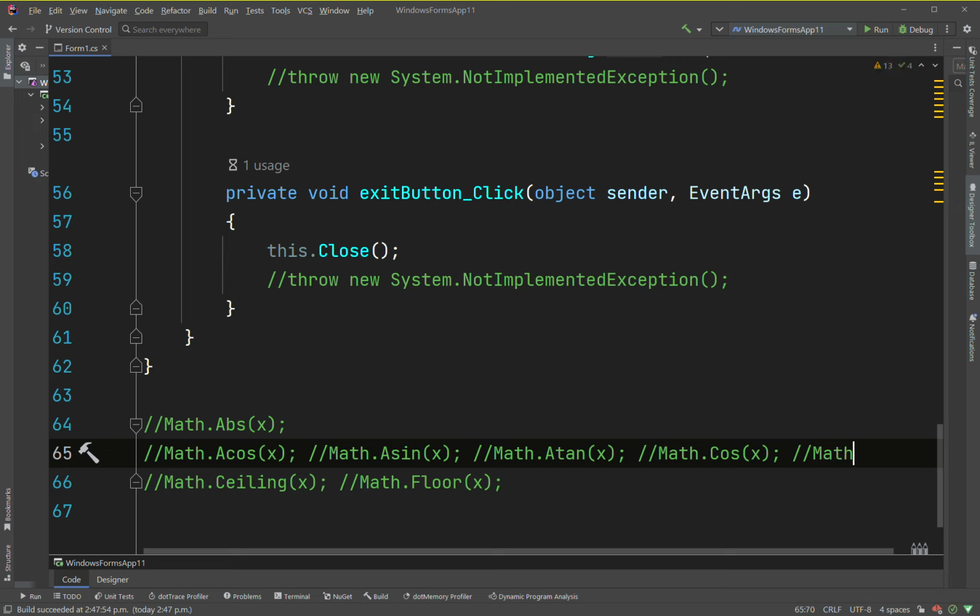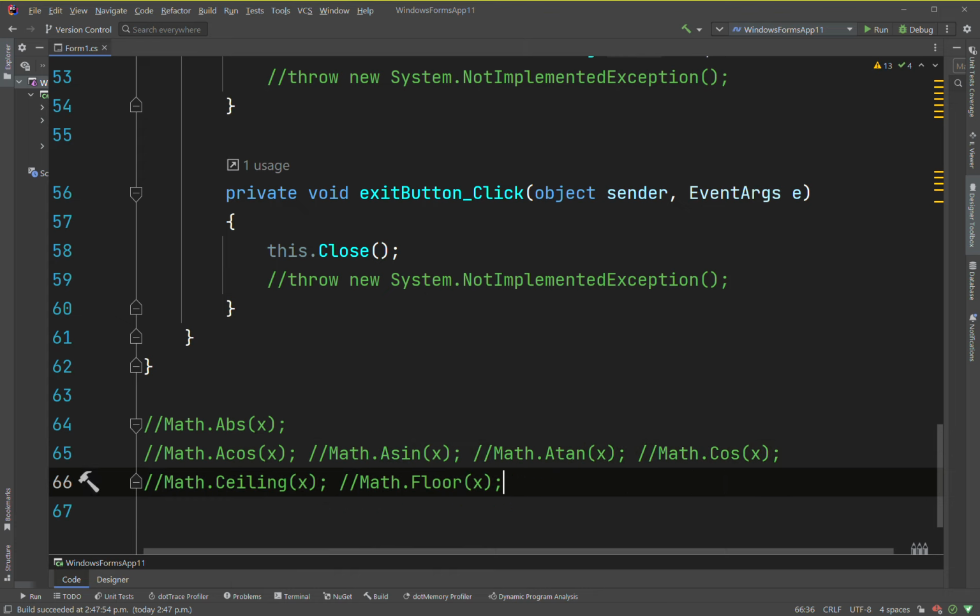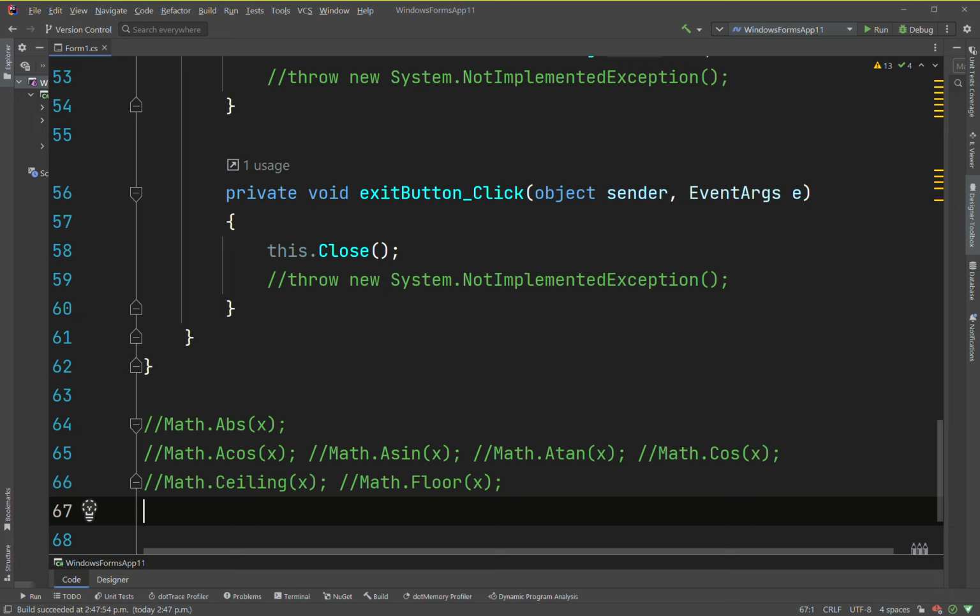Then Math. We'll come back to that one. So then our next group would be our next one would be, whoops. I don't usually type that many comments out.